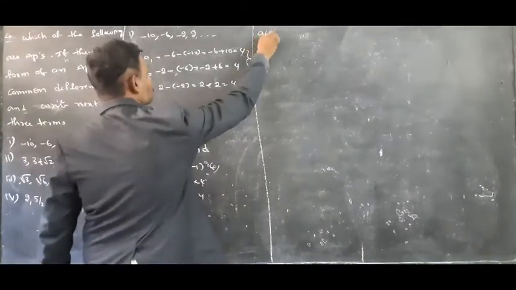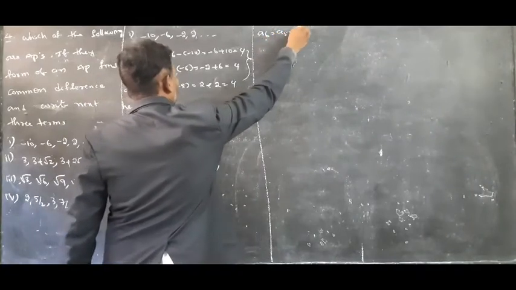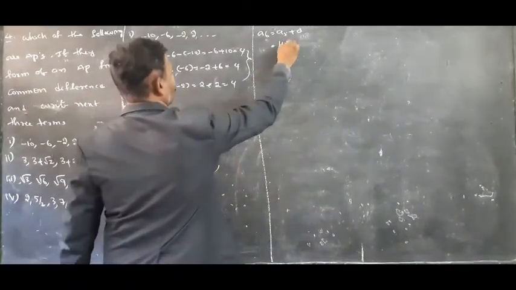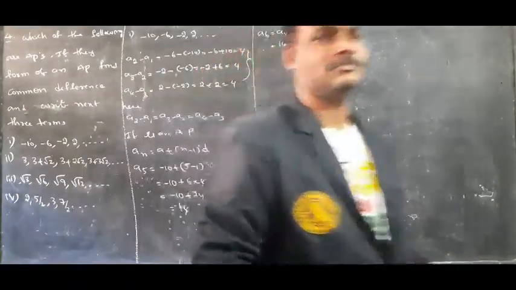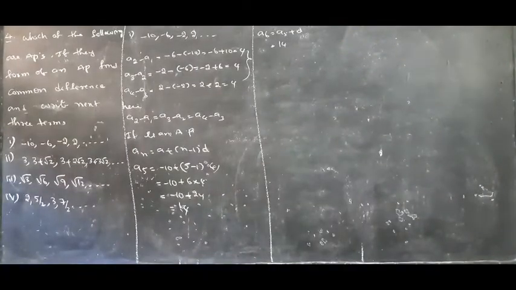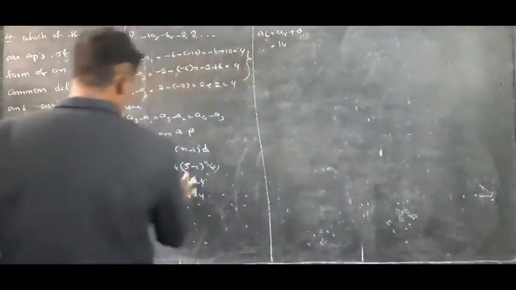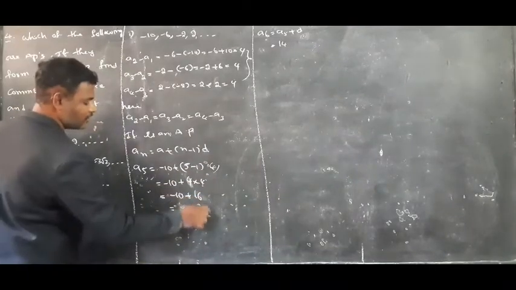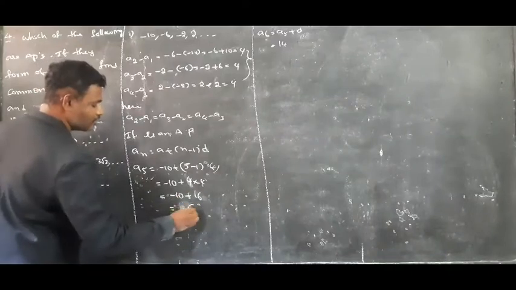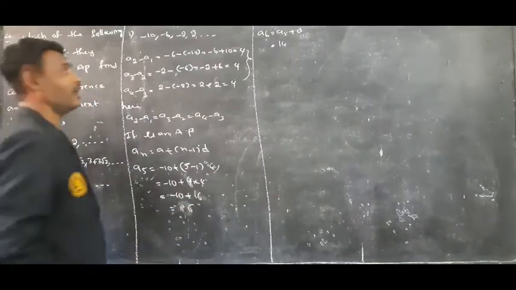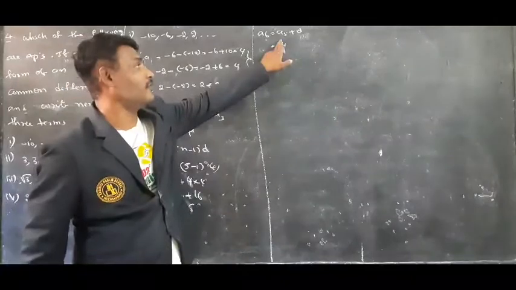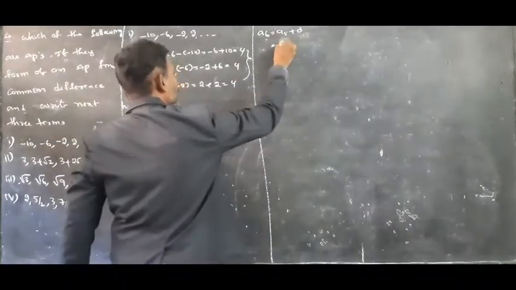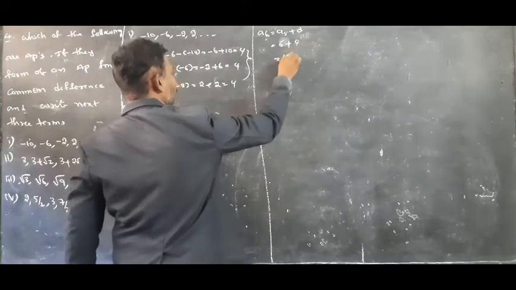Thereafter, the 6th term is nothing but A5 plus D. What about the 5th term here? It is 6, and 6 plus 4 is equal to 10.